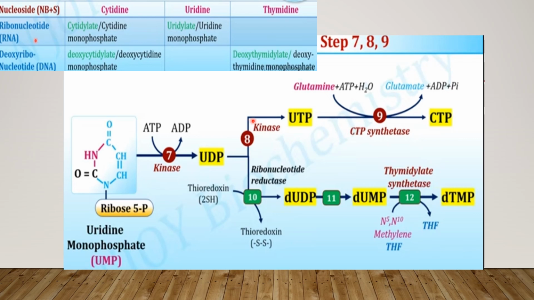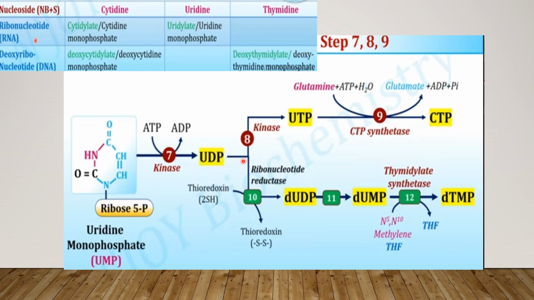In the 8th step, it is converted to UTP, and similarly then it is converted to CTP. When UTP is converted to CTP, glutamine is used. Glutamine donates the amino group to UTP and it is converted to CTP, cytidine triphosphate.